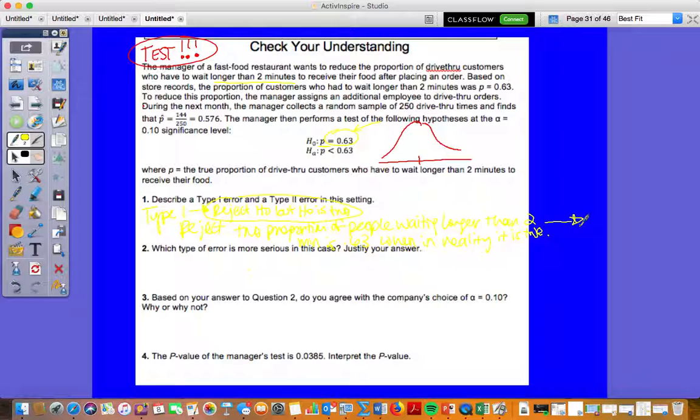But Type 2 is like the null is actually true, but we failed to reject it, so we just make customers wait longer. I think customers would call that bad, right?